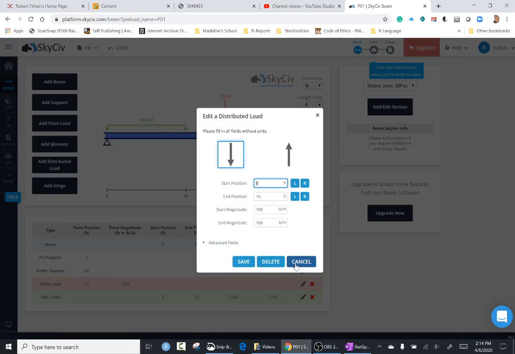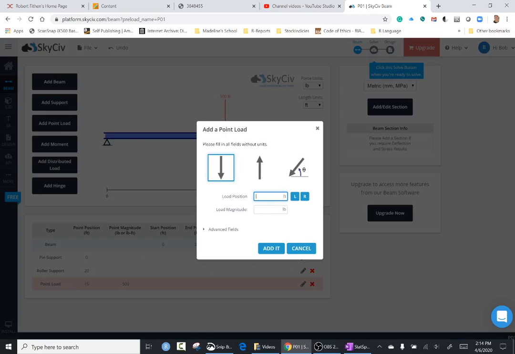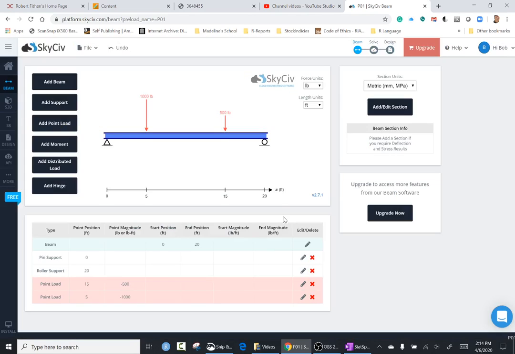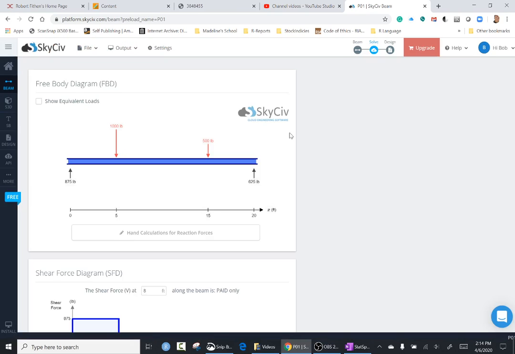I'm going to take this distributed load and delete it. I'm going to add a point load that I believe was at 5 foot and was 1,000 pounds. If I add it and then solve this thing, something interesting happens as far as the reaction loads. Take a look here.